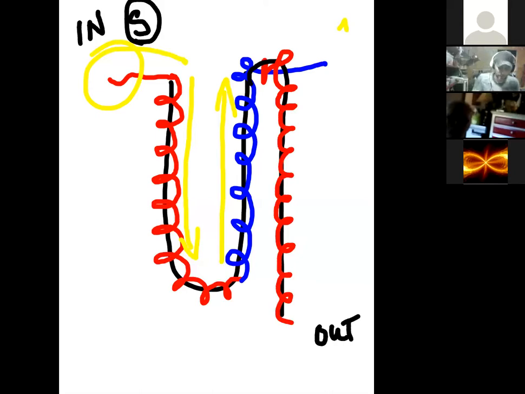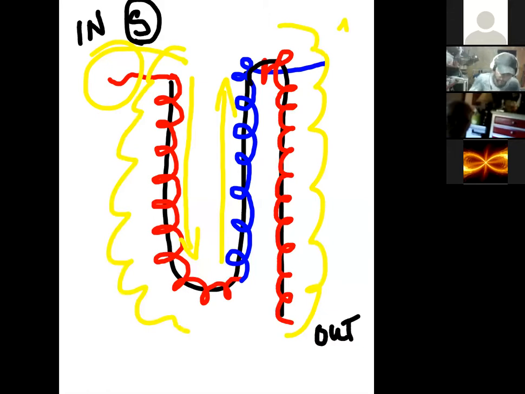Well, if you look at it, you've got two reds now, right? Two reds, one on this side, one on this side, that's encompassing this blue energy field here.